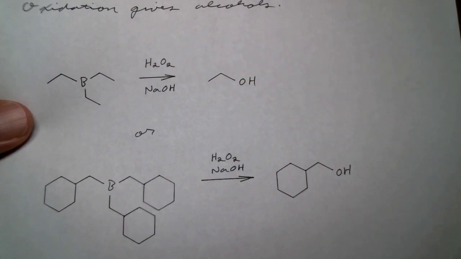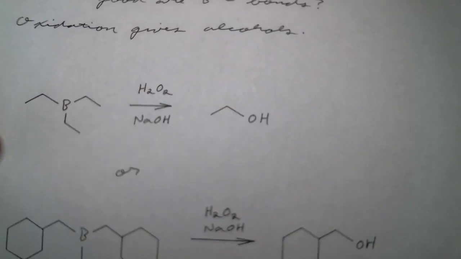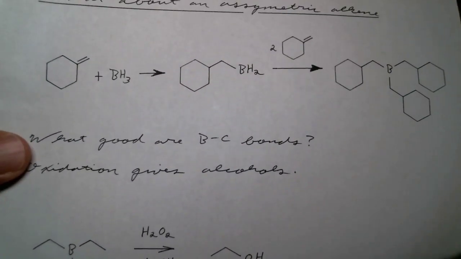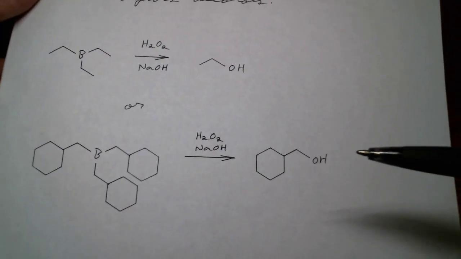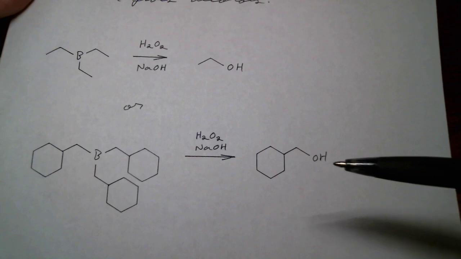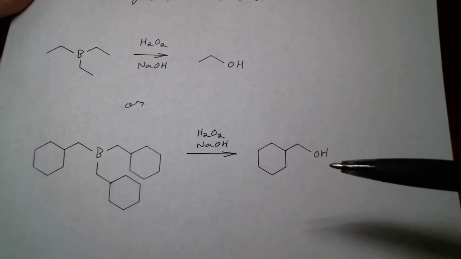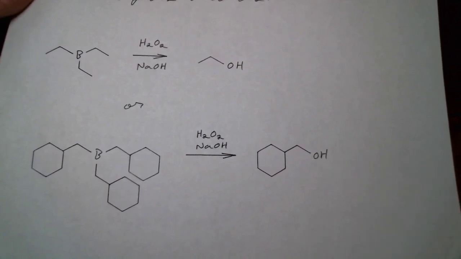So this alcohol, through the process of hydroboration and oxidation of this alkene, looks like an anti-Markovnikov product, like we added water across that double bond in an anti-Markovnikov sense.